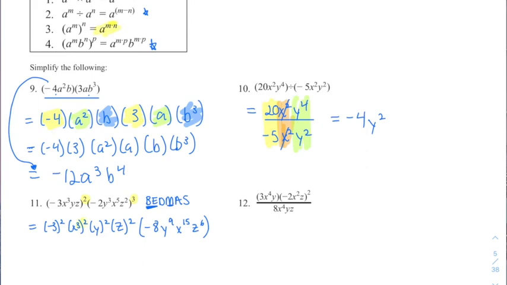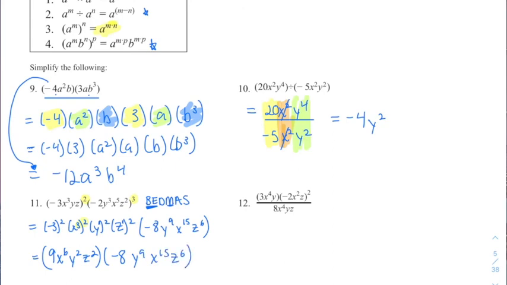When I have a power of a power, I just multiply the powers together. So negative 3 squared is 9, x to the 6, y squared, because there's actually a 1 there and a 1 there, z squared, and then negative 8, y to the 9, x to the 15, z to the 6.